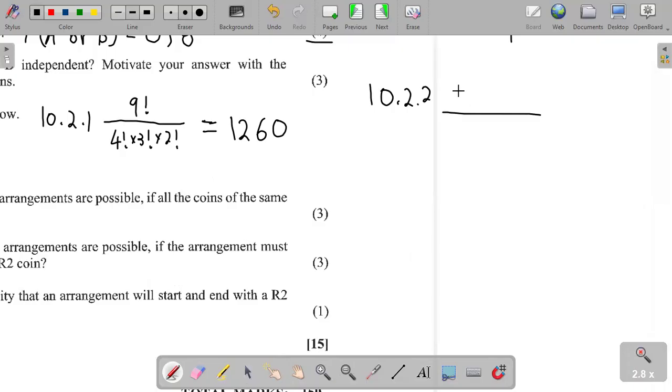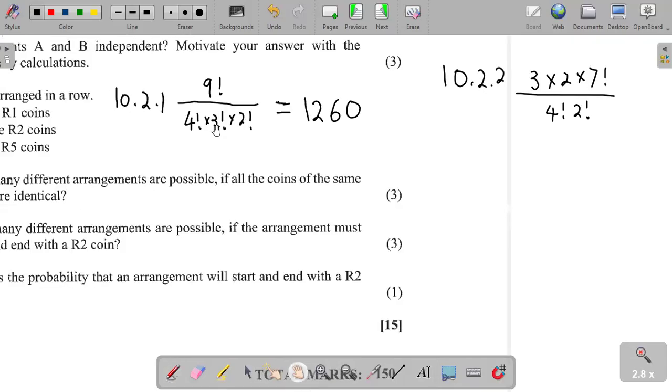It's going to be 3 and then multiply by 2, multiply by 7 factorial, then divided by 4 factorial and 2 factorial.